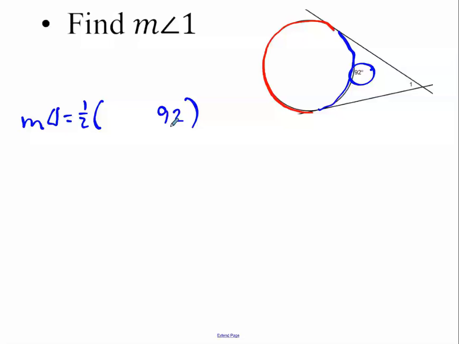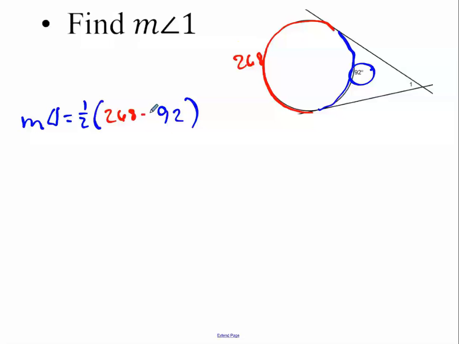Okay, looking at the picture, notice how the big arc and the little arc combine to create the whole circle, meaning that that big arc is going to be 360, which is the whole circle, minus 92. So that big arc ends up being 268.